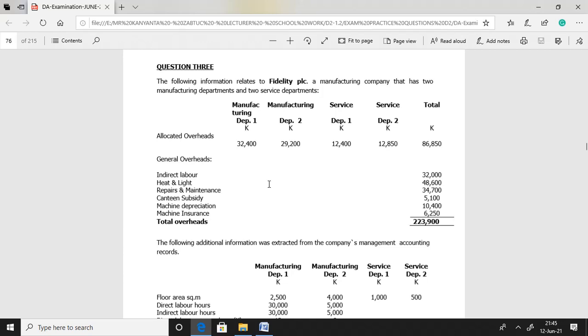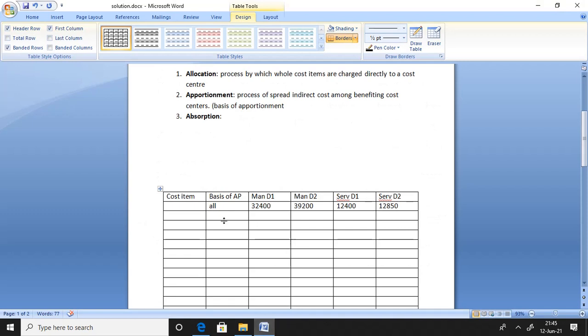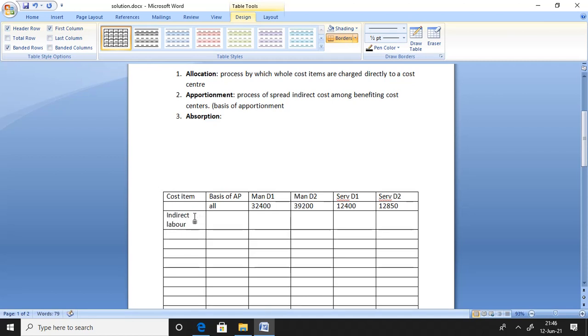Now, the following costs are general overheads, and they are going to be shared or apportioned using an appropriate basis of apportionment. The first one we have is indirect labor cost. We need to indicate our basis of apportionment for indirect labor.